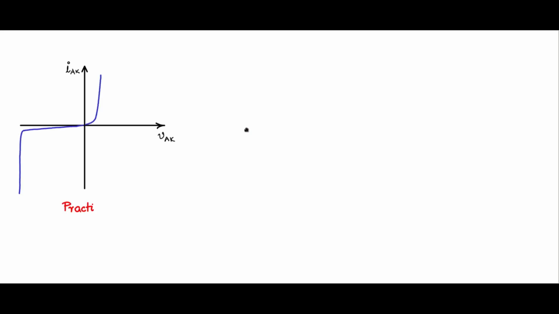So this is a practical diode. So we have seen this characteristic. This is the forward characteristic, this is the reverse characteristic. The x-axis is the anode to cathode voltage, and the y-axis is the anode to cathode current.